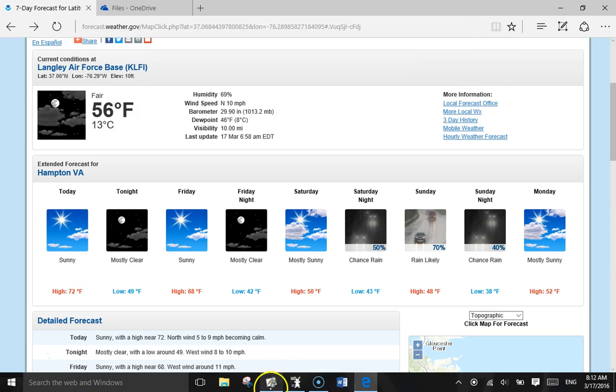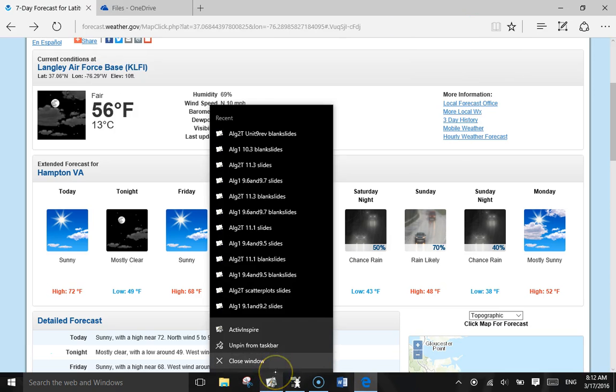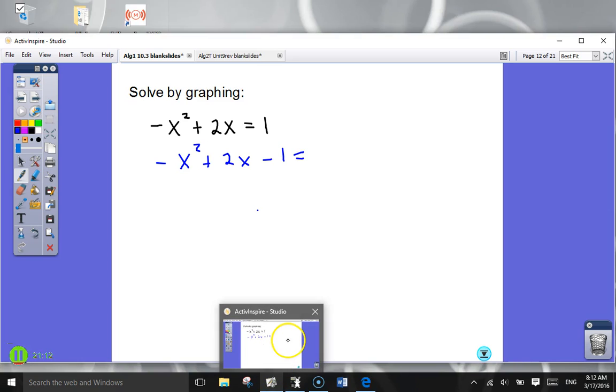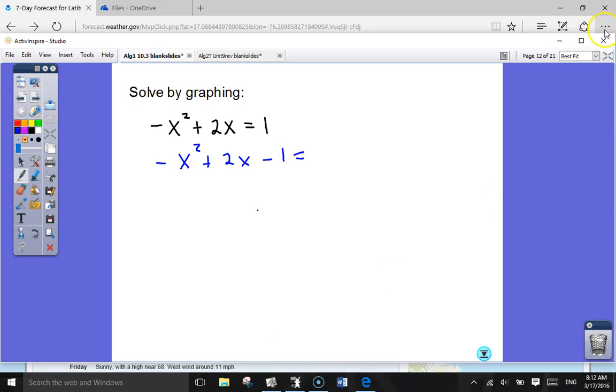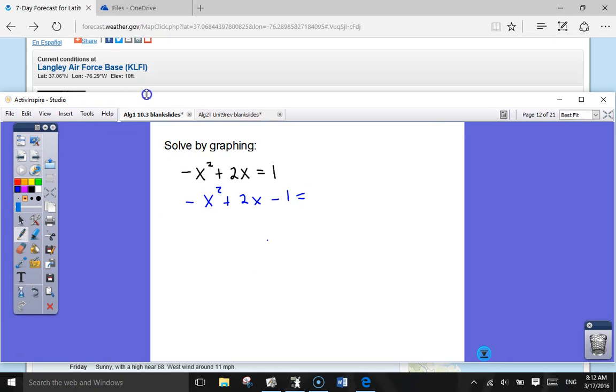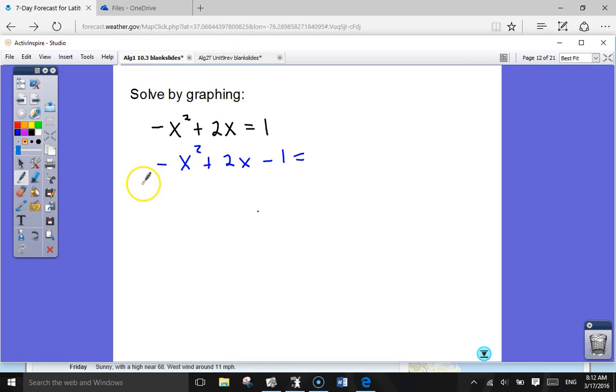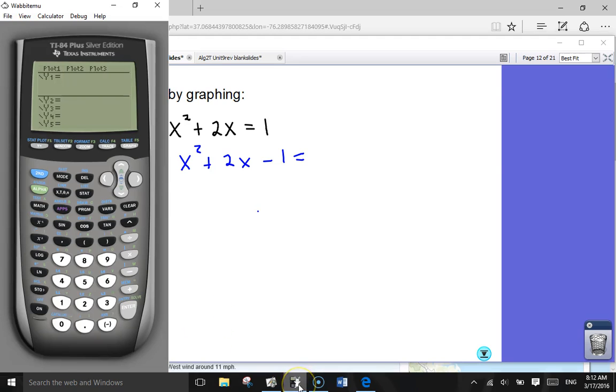Oh, man. It barely goes over the thing. Let's see if I can get it this way. Okay, I can't get this thing to cooperate. x squared plus 2x minus 1. And you hit graph, and what do you see?